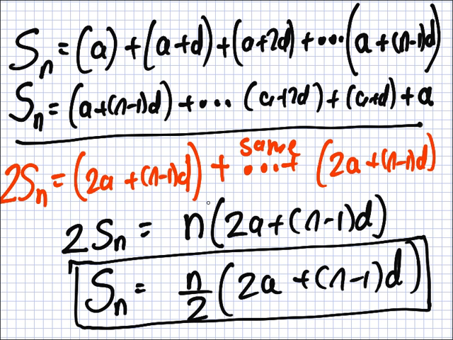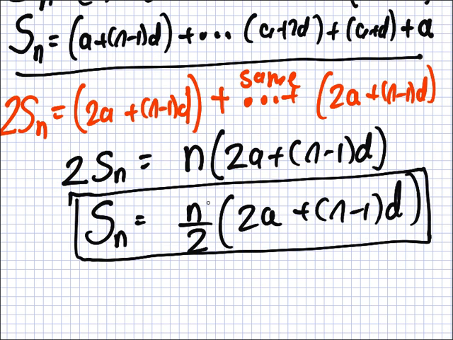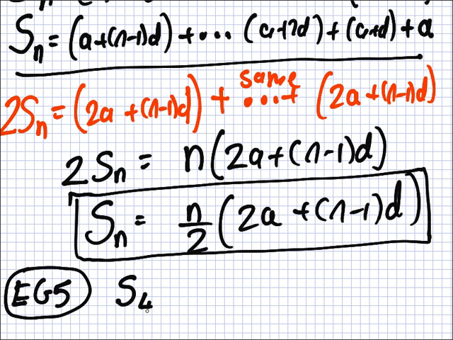Just chillax, okay? Right, let's have a look at some examples. So, what number example am I on now? This one's number 5, is it? Example 5. So, I want to calculate the sum of the first 40 numbers in the series minus 4, minus 2, plus 0, plus 2, and so on, all the way up to 78.